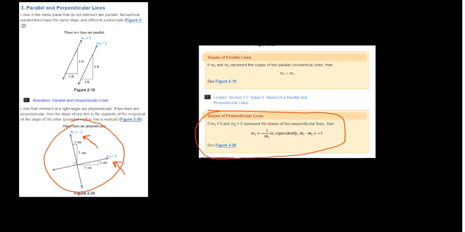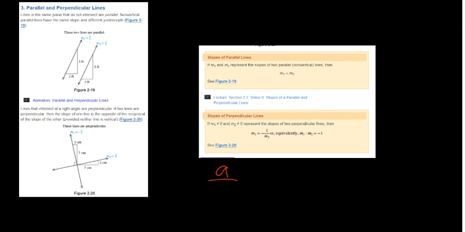So the slope of a perpendicular line is the negative reciprocal. Reciprocal basically means that we take a fraction, a over b, and flip it upside down to b over a, and then put the negative sign in front, so negative b over a.